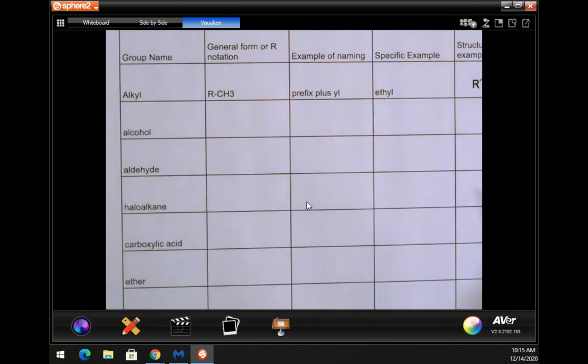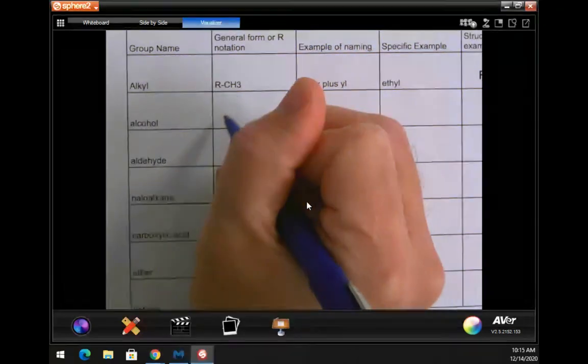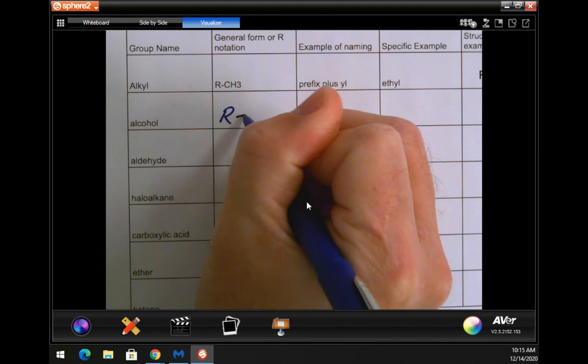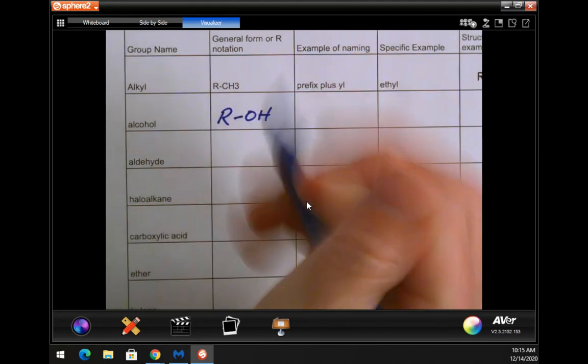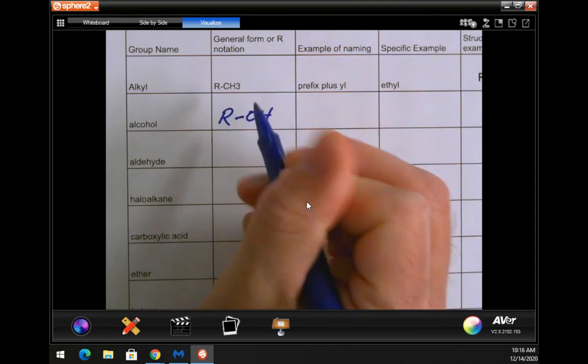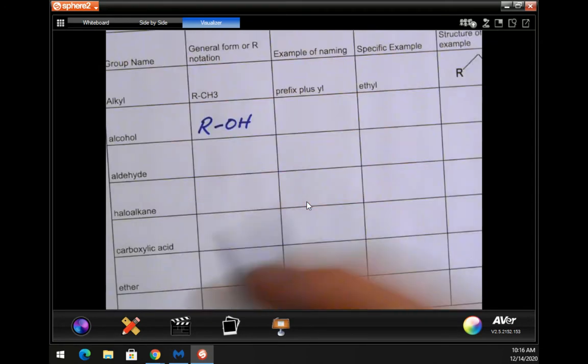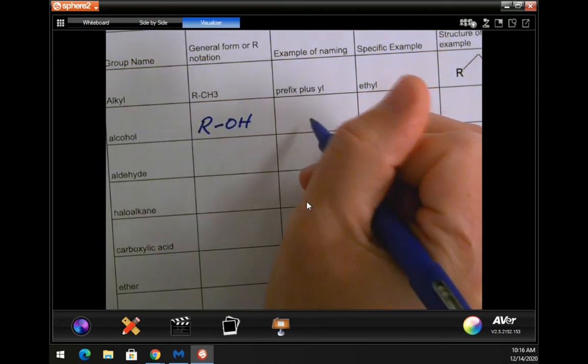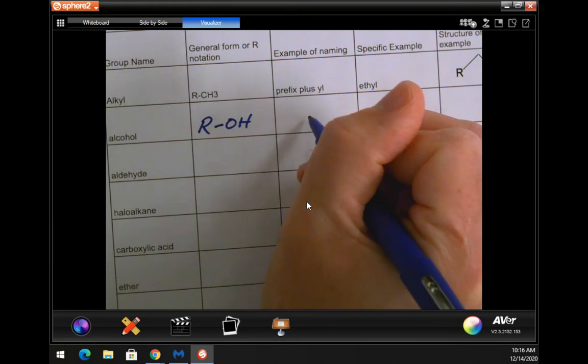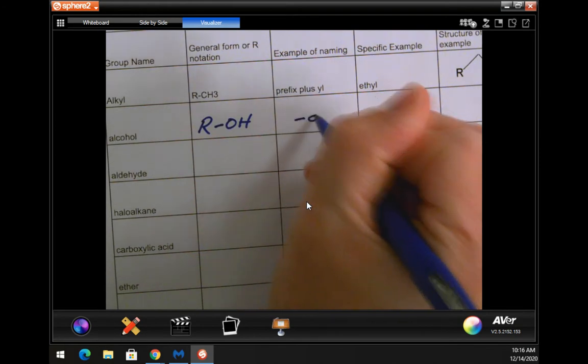All right. So for alcohols, you have a bunch of carbons, and then there's an OH. Now, the OH could be on the first carbon, second carbon, third carbon, or whatever. So that part doesn't matter until you go to name it. And the suffix that you use is OL.